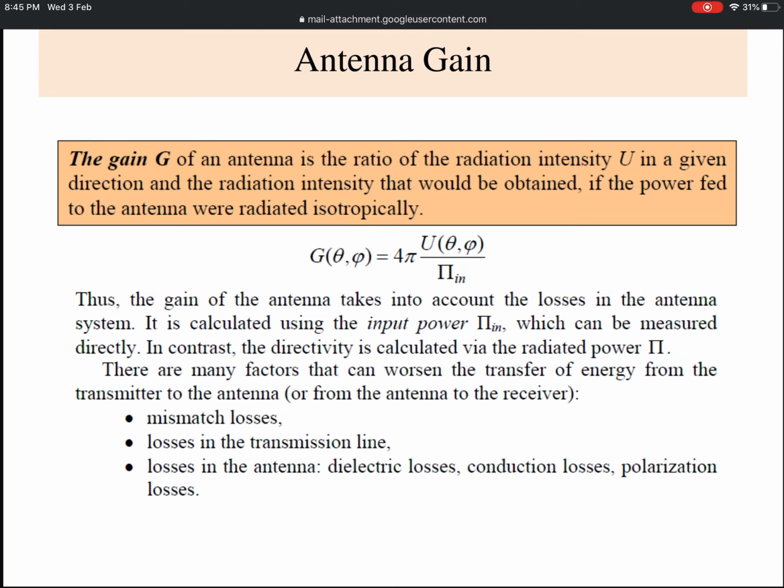The antenna gain G of an antenna is the ratio of the radiation intensity U in a given direction and the radiation intensity that would be obtained if the power fed to the antenna were radiated isotropically. So there is a difference actually in the denominator.